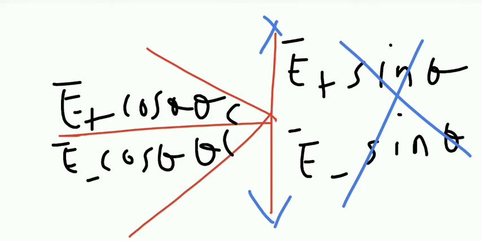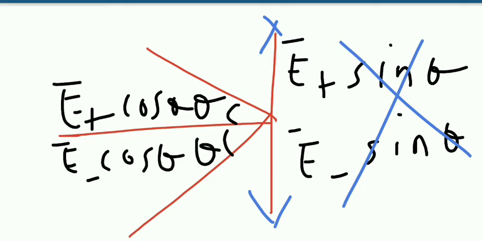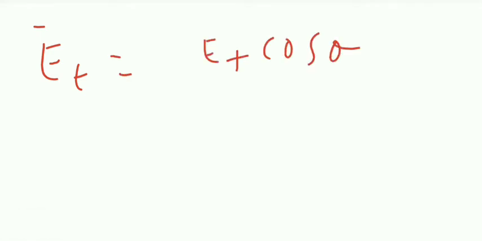So what is my total electric field? E total is equal to E plus cos theta, the magnitude. It is a vector quantity, so we have to find in which direction it is moving. The dipole moment goes from negative to positive.